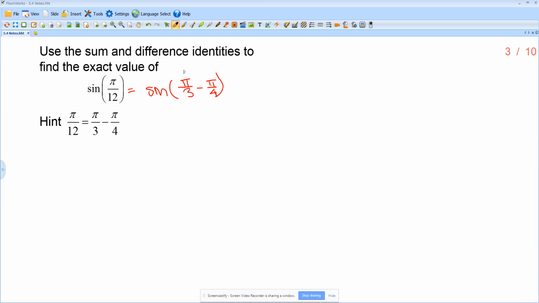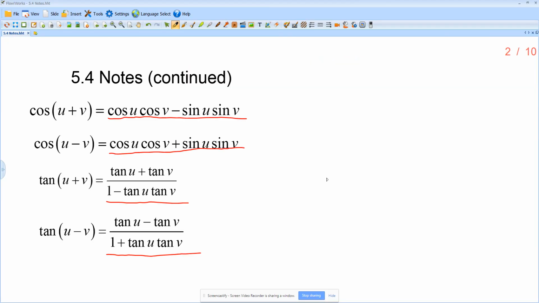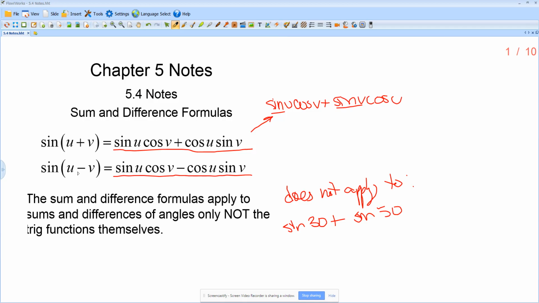So this is really like our u, and this is our v. And our formula for the subtraction of sine is that you do sine of u, the cosine of v, minus the cosine of u, the sine of v. So I'm talking about this formula, sine of u minus v.